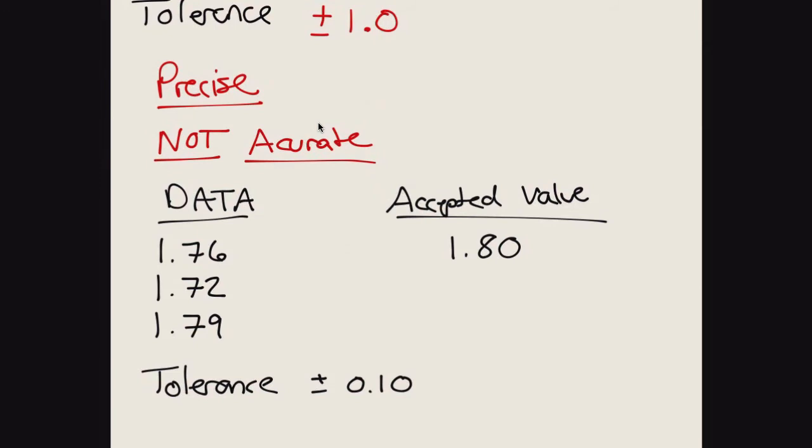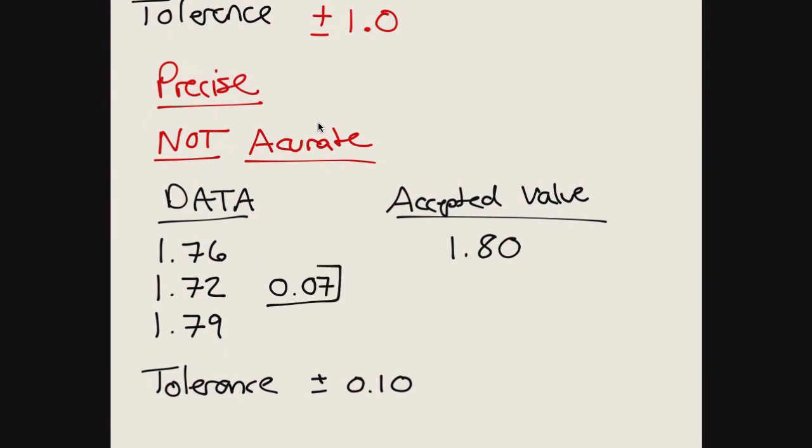When I'm looking at data and I have to relate it to tolerance, what I do is I find the largest number and the smallest number, and I find out how far apart they are. So what is my largest number? Colby? 1.79. And what's my smallest number? Hannah? 1.72. So if I subtract 1.72 from 1.79, what's the difference there? 0.07.